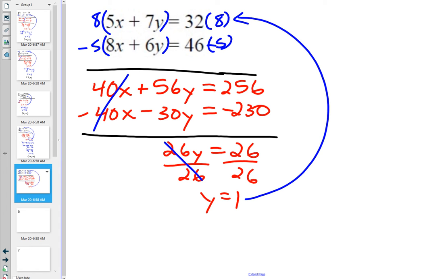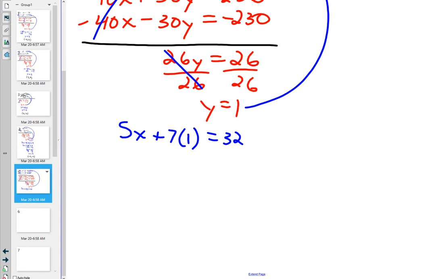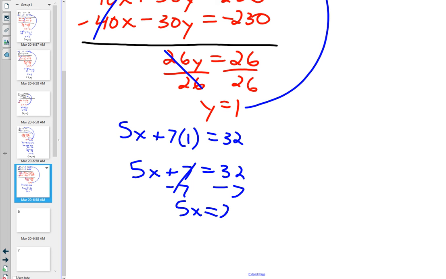I'll just use the top one again, doesn't matter. 5x plus 7 times 1 is equal to 32. 5x plus 7 is 32. Minus 7 minus 7. 5x is 25. Divide by 5. X is 5.